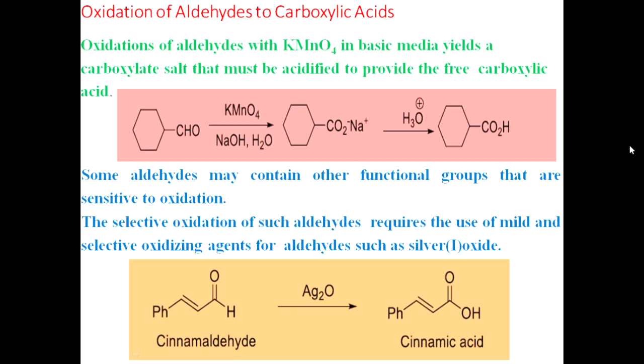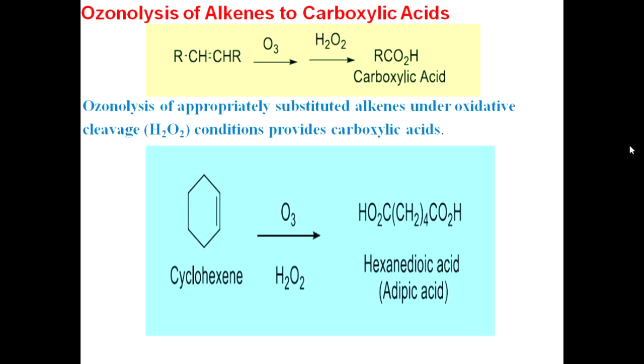The salt will form, which will undergo hydrolysis to give the corresponding cyclohexyl carboxylic acid. In some aldehyde cases, there will be other oxidizable groups such as alkene. In that case, a mild oxidizing agent like silver oxide is used, so that other oxidizable groups such as alkene or alcohol will not undergo oxidation.